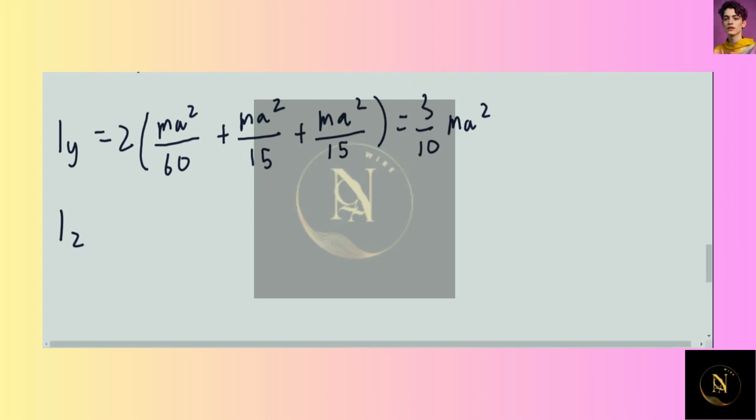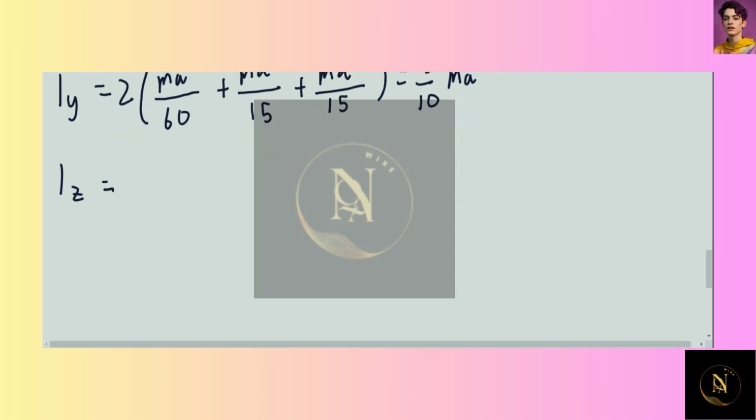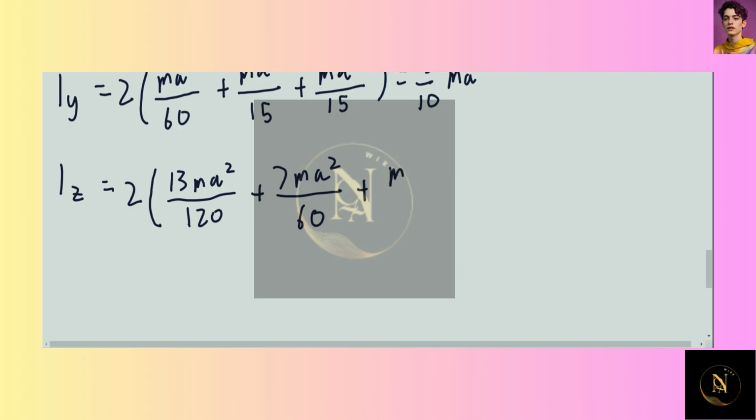Now for the z component, we can write it as 2 times 13 times m times a squared divided by 120 plus 7 times m times a squared divided by 60 plus m times a squared divided by 12. And this component is going to be equal to 37 over 60 times m times a squared. So we now have all the necessary components to calculate the angular momentum about the point G.